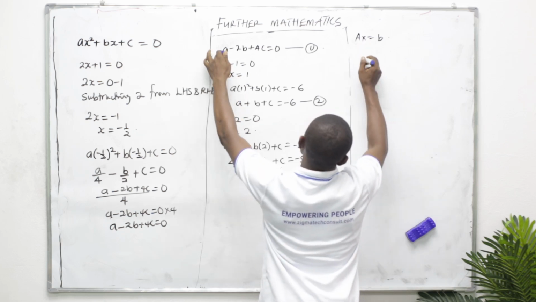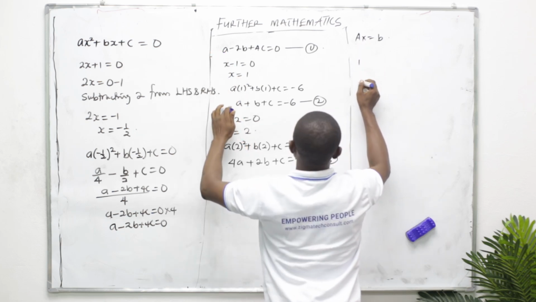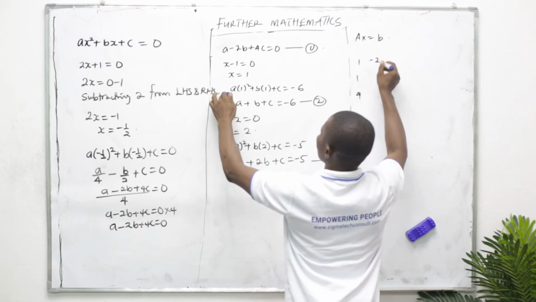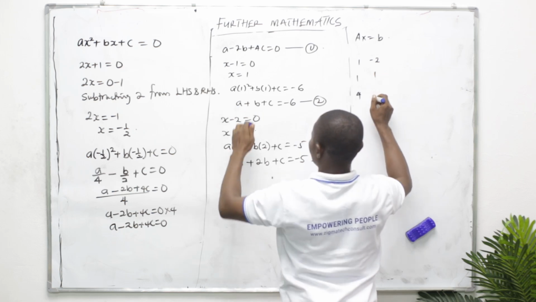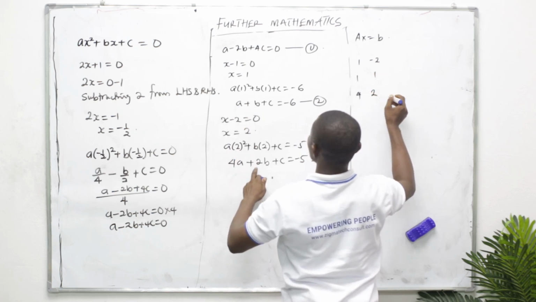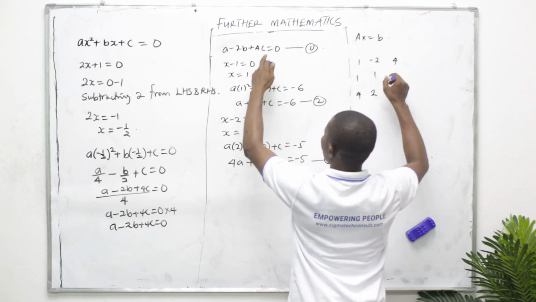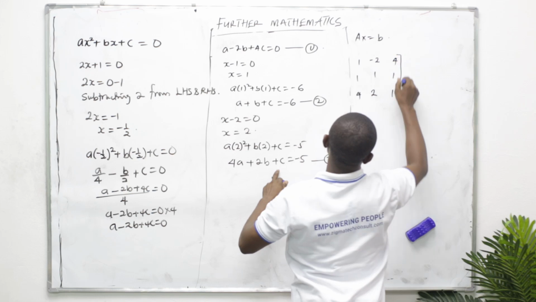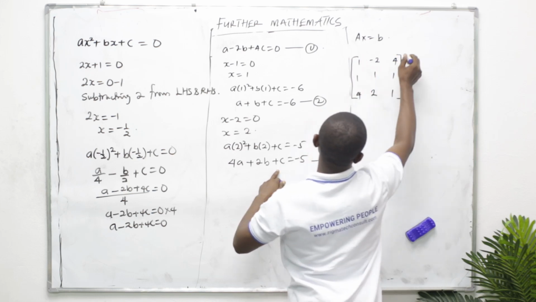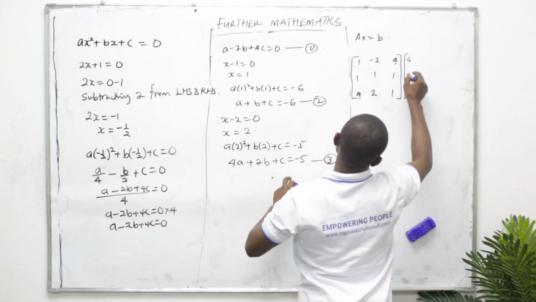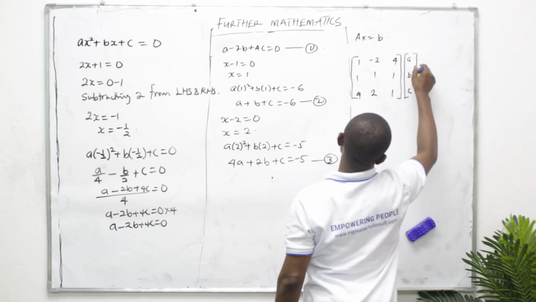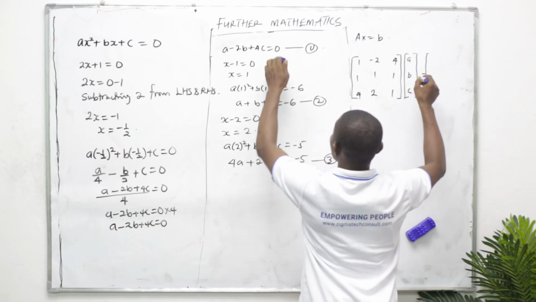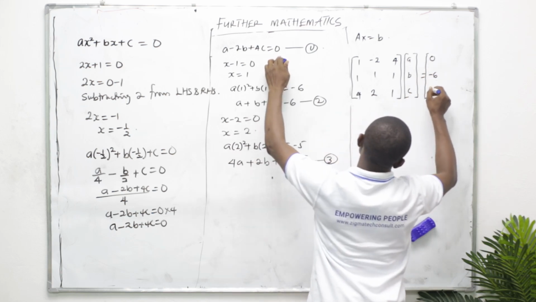Here, equation 1, coefficients of a are 1, 1, 4, then minus 2, 1, 2, then 4, 1, 1, into a, b, c equals B. What is our B? 0, minus 6, minus 5.